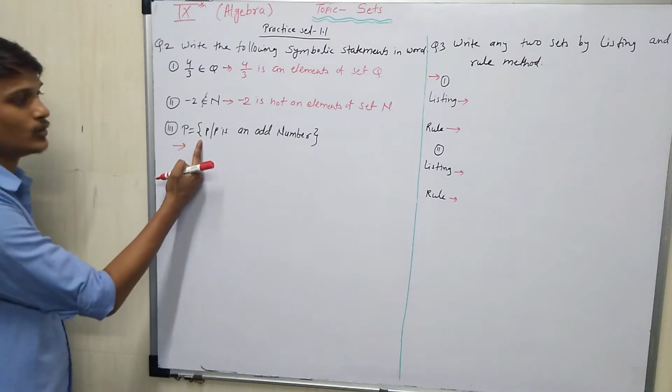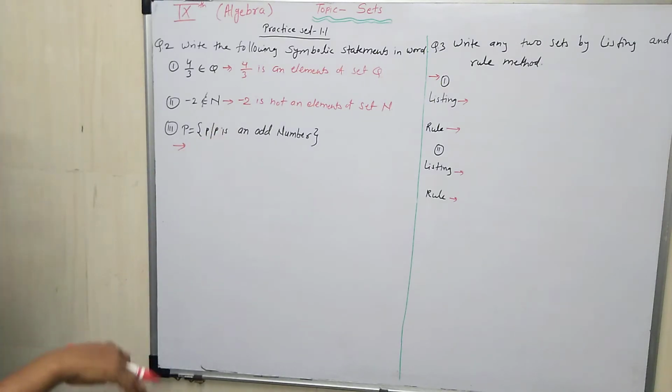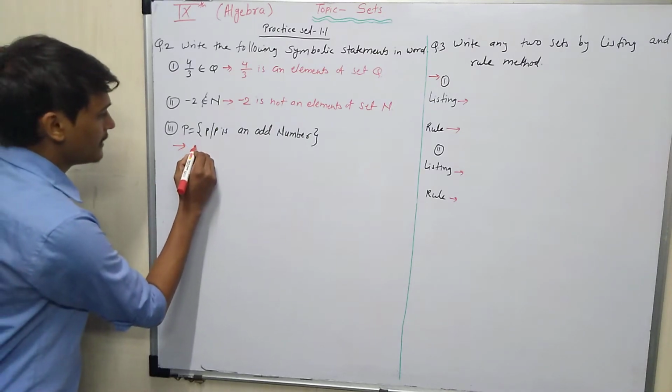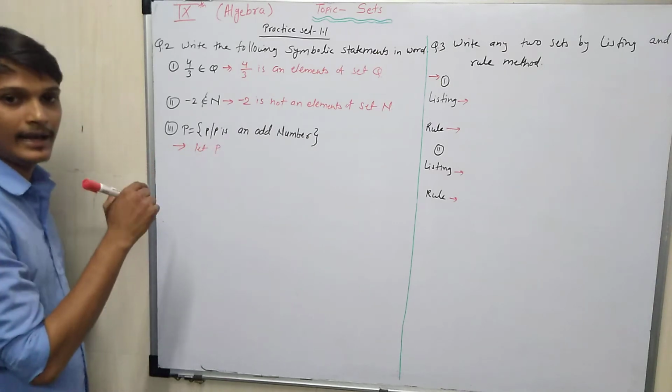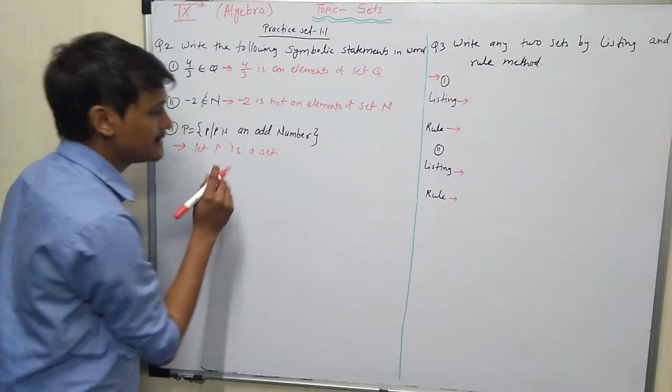P is equal to {p such that p is an odd number}. How to write it down? Write here: let P be a set.